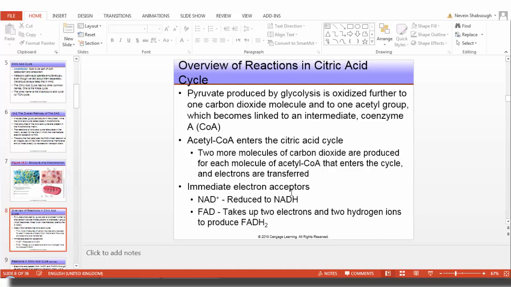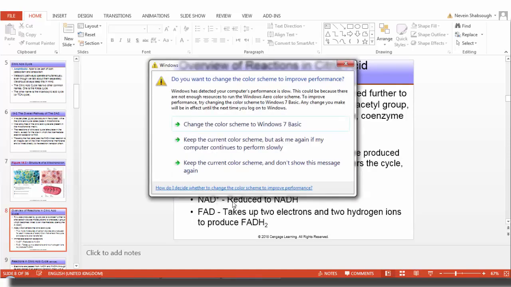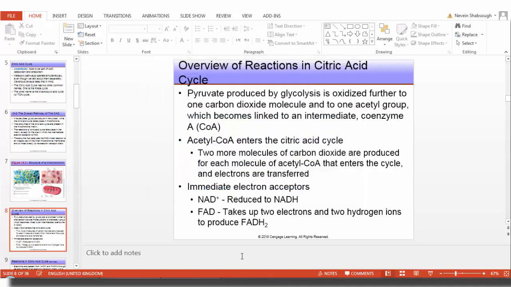Now, immediate electron acceptors in the cycle are NAD+, this oxidizing agent, NAD+ reduced to NADH, and FAD takes up 2 electrons and 2 hydrogen ions to produce FADH2. And we will see that the final electron acceptor is oxygen.